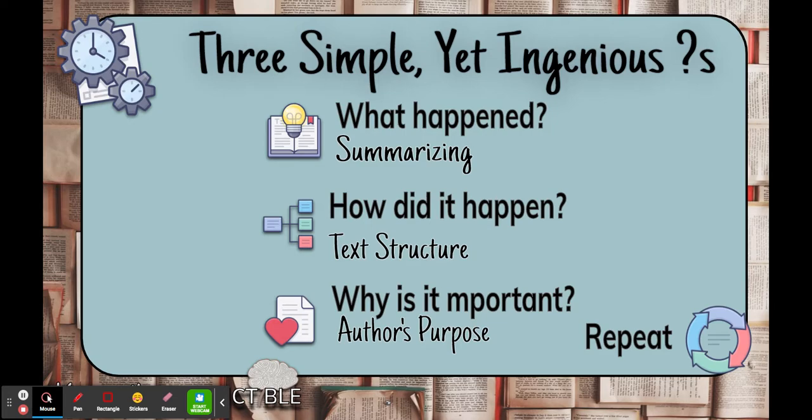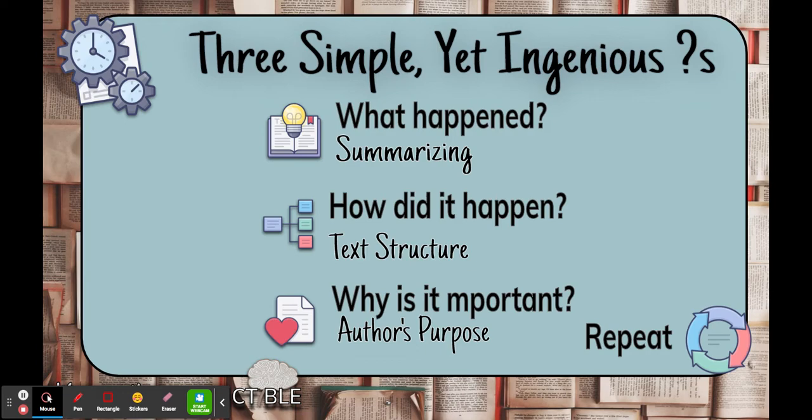The 3 prompts that I have come up with for the nonfiction text talk are the same prompts for the fiction one as well, with just a little tweak here and there. I'll do a separate video about fiction, but both fiction and nonfiction I use all year long. So the 3 questions are, what happened?